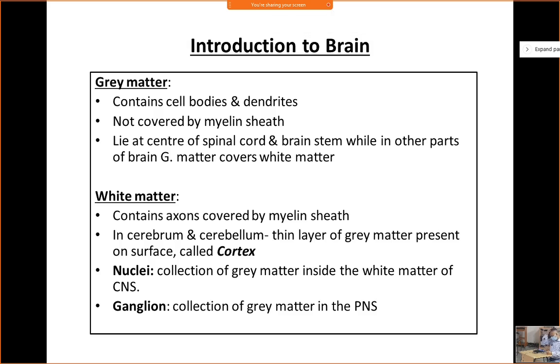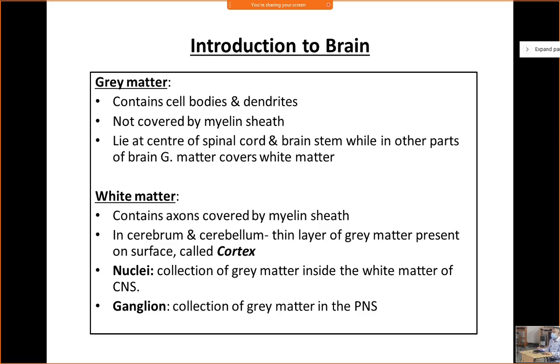Suppose on my head, your hairs are your gray matter, in the case of cerebrum and cerebellum, and my scalp, apart from hair, is made up of your white matter. So inside the outer part, we have a thin layer of gray matter, and this is known as the cortex.